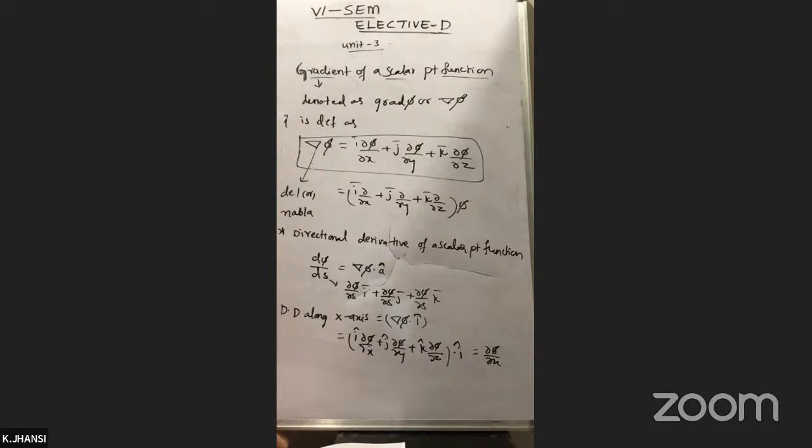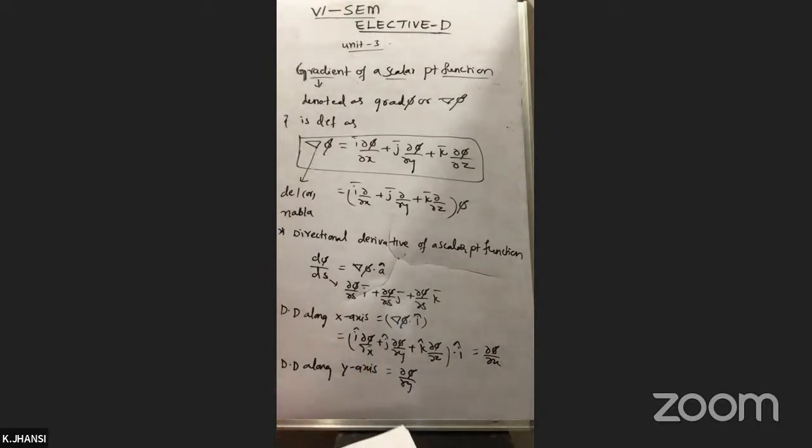And if it is along the y-axis, here this whole thing into j, so it will be dou phi by dou y. If it is for the z-axis, it means dou phi by dou z.